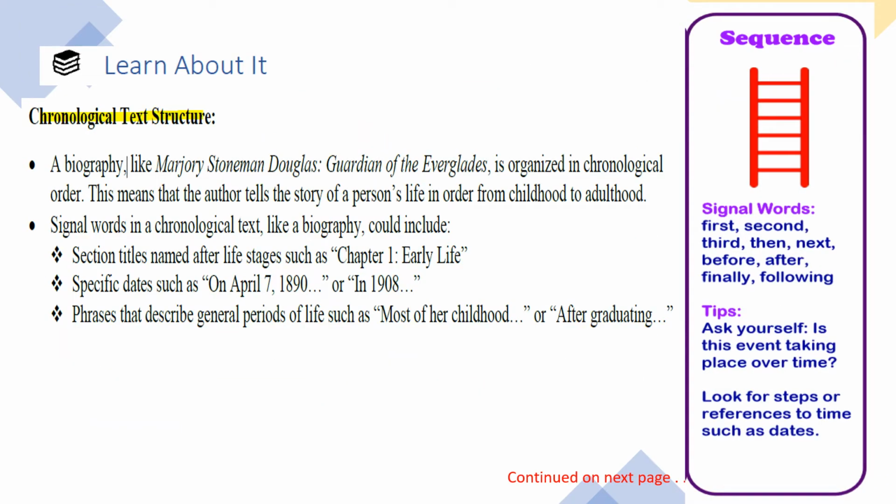Chronological text structure, or sequence. A biography, like Marjory Stoneman Douglas, A Guardian of the Everglades, is organized in chronological order. This means that the author tells the story of a person's life in order from childhood to adulthood. Signal words in a chronological text, like a biography, could include section titles named after their life stages, such as Chapter 1, Early Life, specific dates, such as on April 7th, 1890, or in 1908, phrases that describe general periods of life, such as most of her childhood or after graduating.